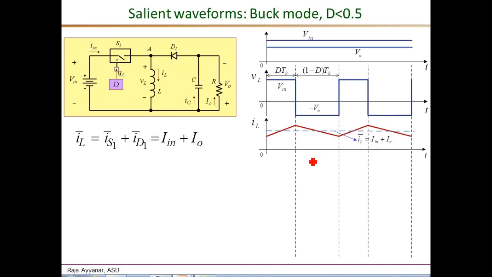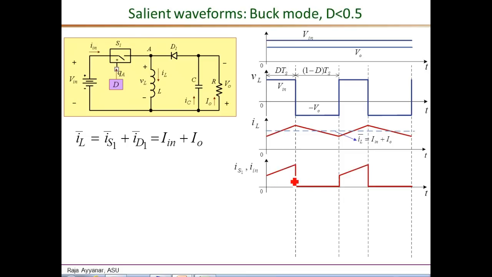The next waveform is that of the switch current IS1, and since the switch is directly in series with the input voltage source, it is also same as the input current IN. So this wave shape IS1 or IN is exactly same as the inductor current waveform during the on interval when the switch S1 is conducting, and during the off interval when S1 is off, the current is 0 as shown here.